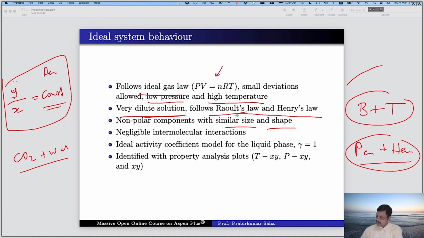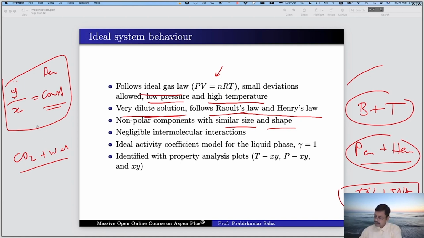That means for the entire range of concentration, even for 50% benzene and 50% toluene, when the solution is not dilute, even for this case, this kind of relationship holds.